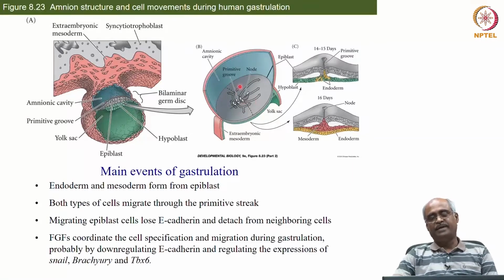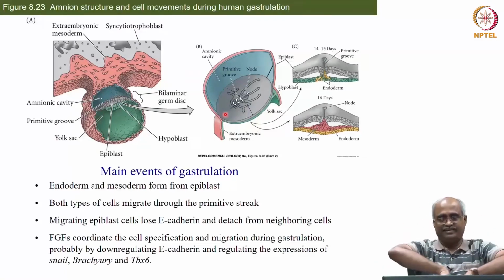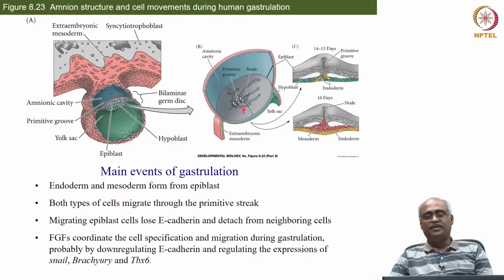So that's the key event: endoderm and mesoderm form from the epiblast. As for the migration direction, these arrows are darkened just to highlight that the cells are beneath the gray cell layer, between these two. And this white arrow shows the cells from the top going down like this. If you take a cross section along these dotted lines, you see this.